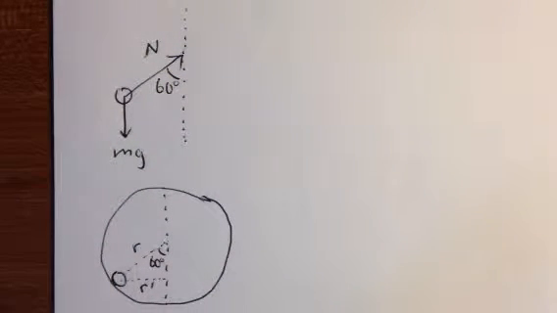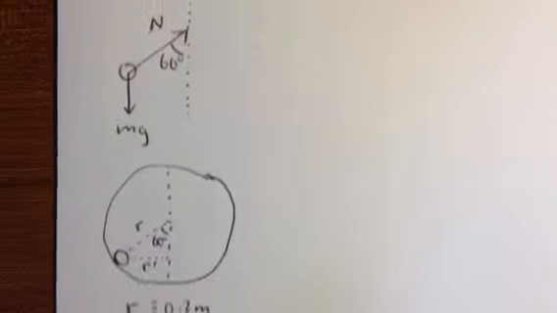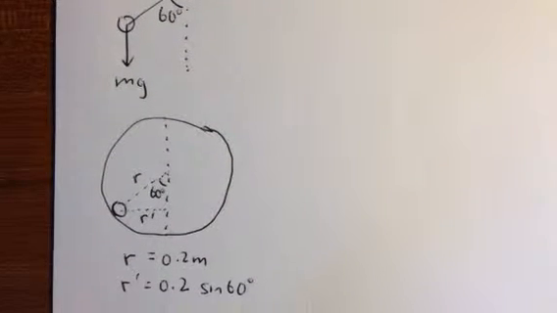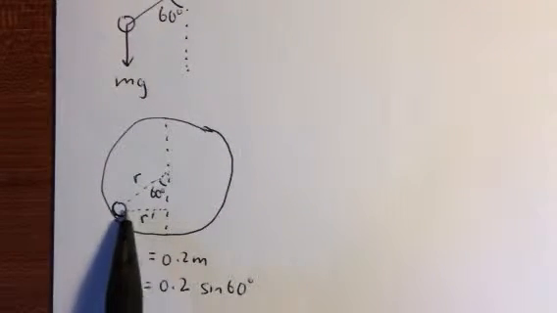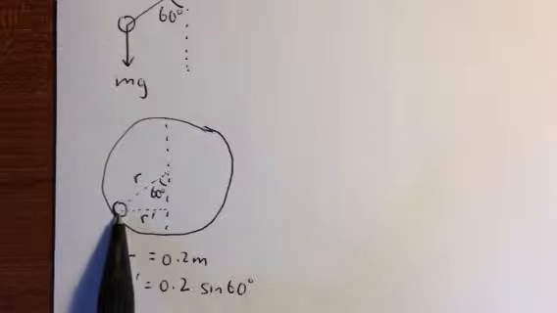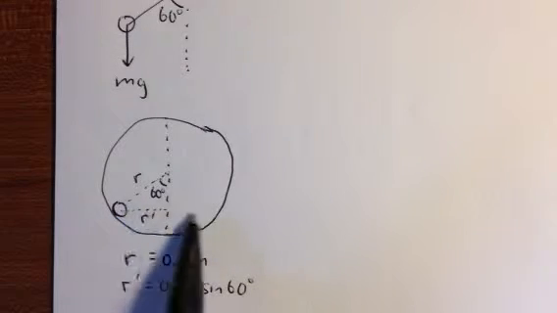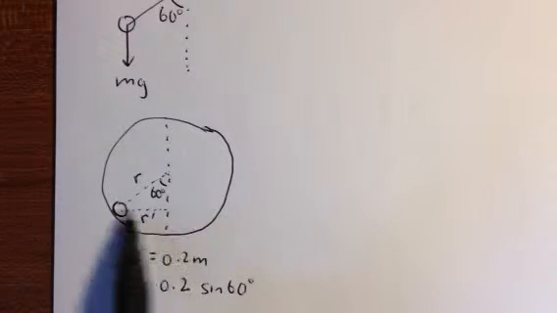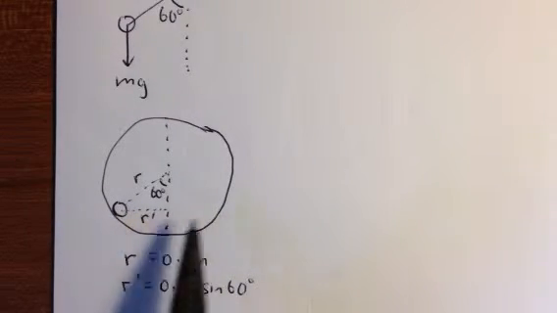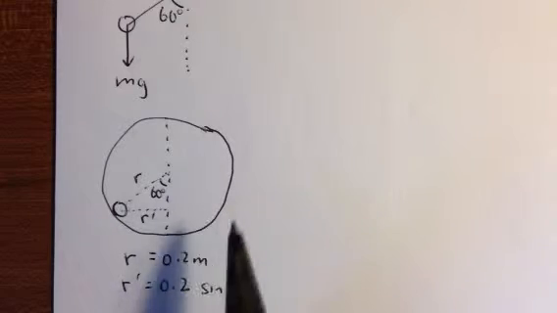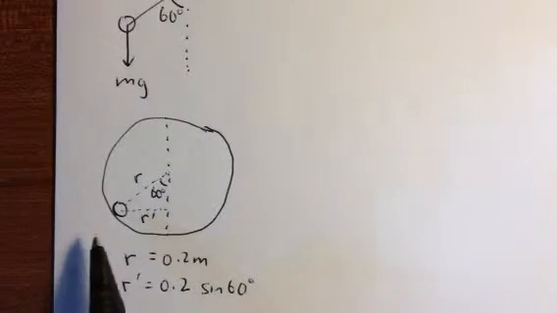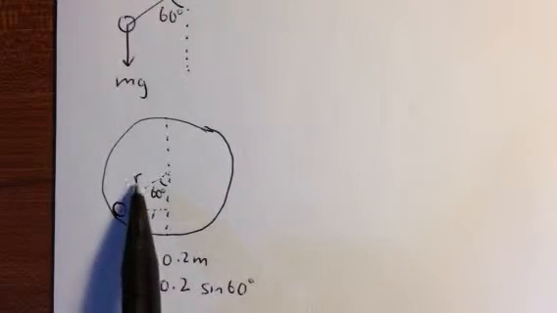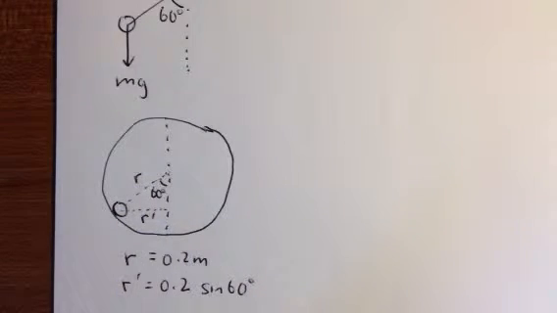Now one thing that a lot of people got wrong. If you look at the rotation of the small bead, it's actually rotating in the horizontal plane. So the radius of rotation would not be r, but r prime.